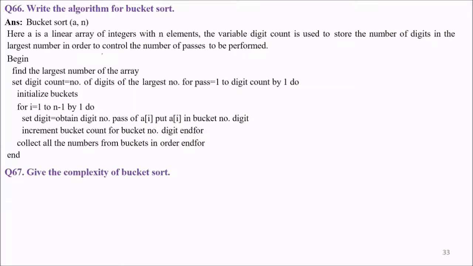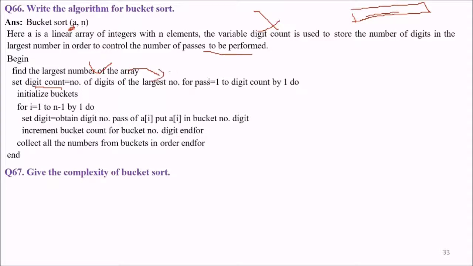Write the algorithm for bucket sort. So this is bucket sort, where A is the linear array of integers with n elements, and the variable digit count is also there to store the number of digits in the largest number in order to control the number of passes, because we need to know the maximum length of the string. So we start with begin and end, and we find the largest number of the array first, and we set the digit count to the number of digits of the largest number.